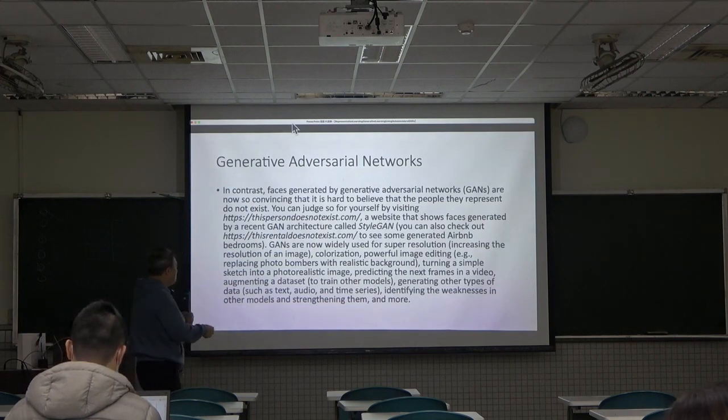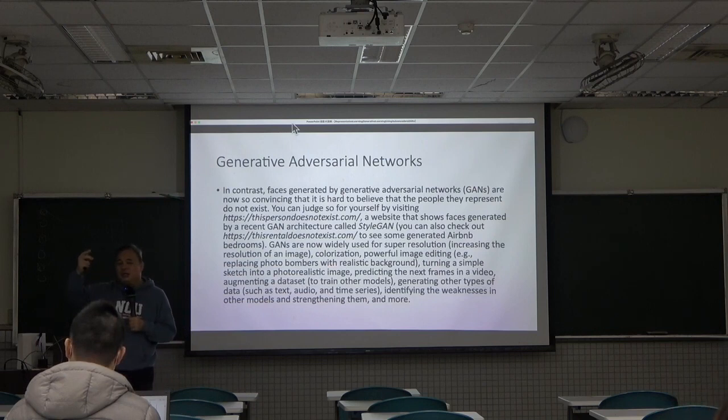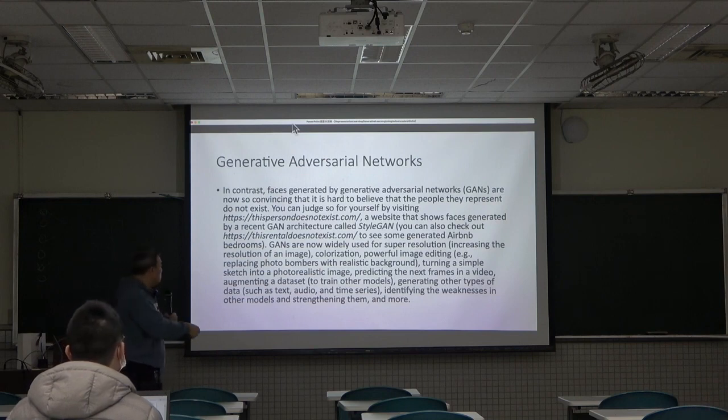So you can remove the photo bumper, but once you remove it, you will have some blank in your photo. The GAN is able to fill those blanks with realistic background.